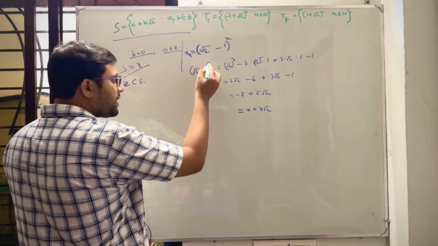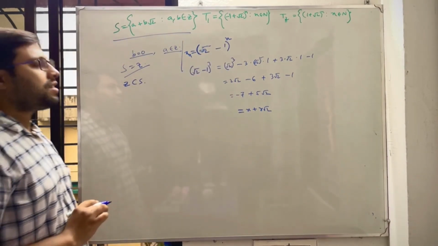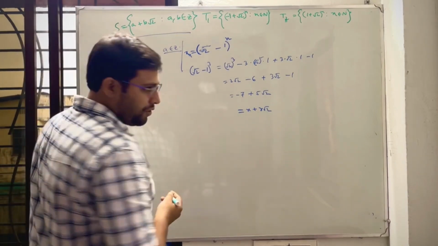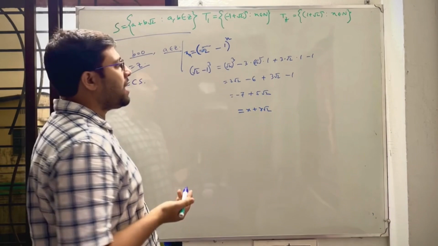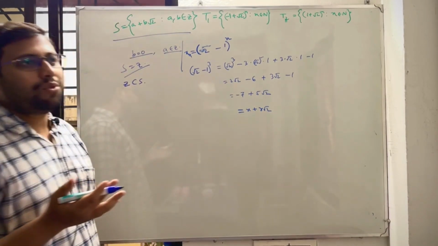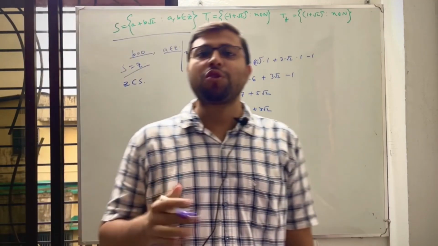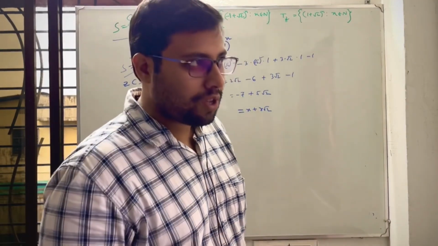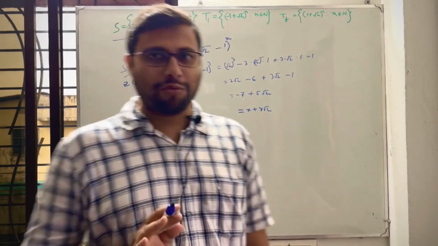If we take n to be any natural number, then after simplifying the binomial expansion of root 2 minus 1, we will have either root 2 or multiples of root 2. That is, we will have either root 2 or 2 root 2 or 4 root 2 or 8, that is either 2 or multiples of root 2.